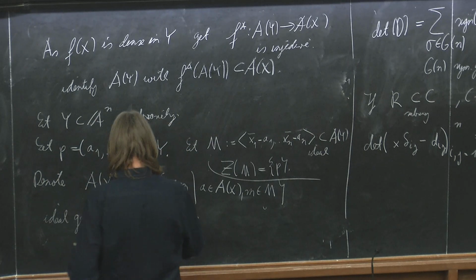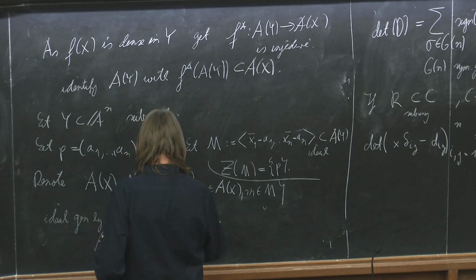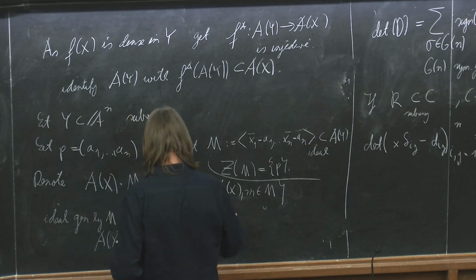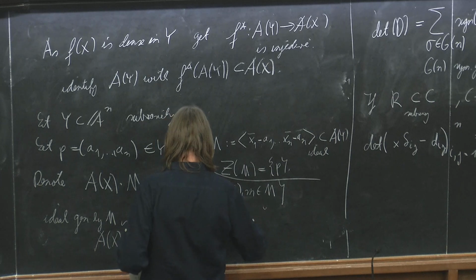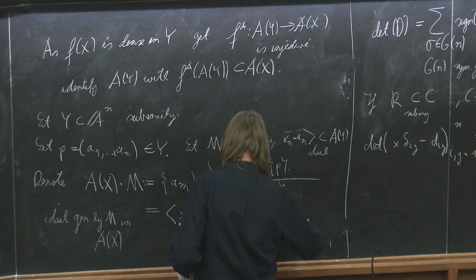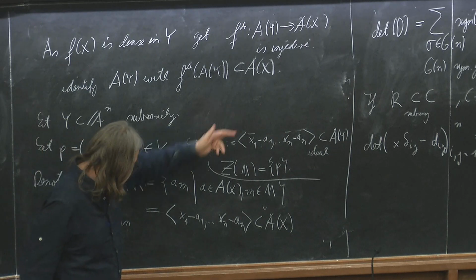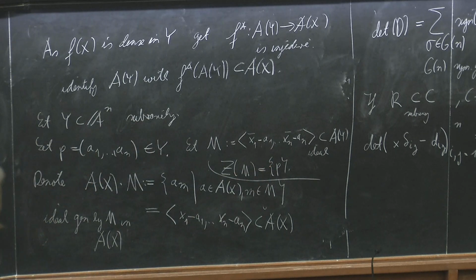So this is just the ideal generated by the corresponding classes in AX of x1 minus a1 to xn minus an, but now as an ideal in AX. So we look at the ideal generated by the same elements in this bigger ring AX, since AY is contained in AX.